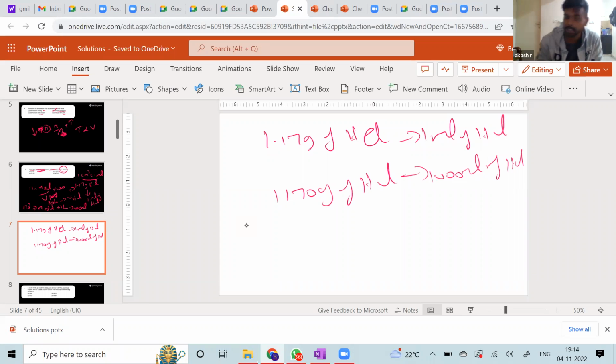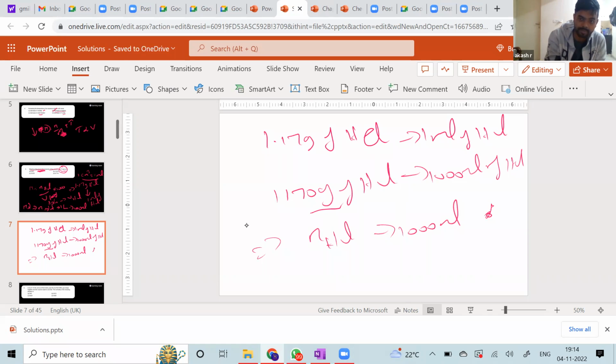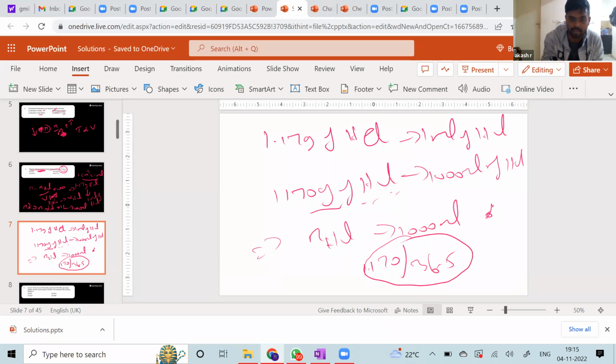Now, molarity is not the mass in 1000 ml, it is the number of moles in 1000 ml. So I can directly write the number of moles of HCl in 1000 ml, that is nothing but the molarity. That would be 1170 divided by the molecular mass of HCl, that is 36.5, since hydrogen is 1 and chlorine is 35.5. So 1170 divided by 36.5 is the answer to this question.